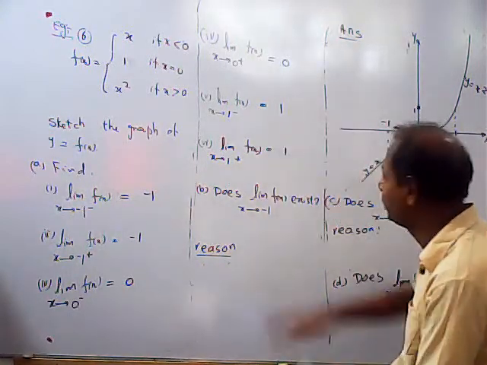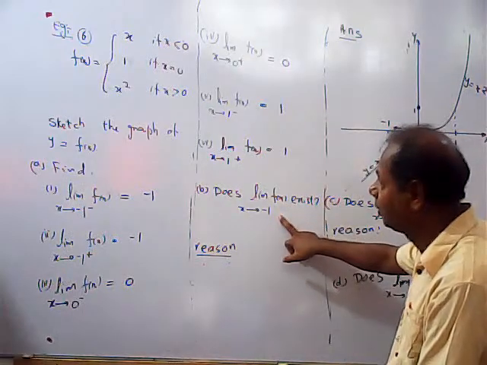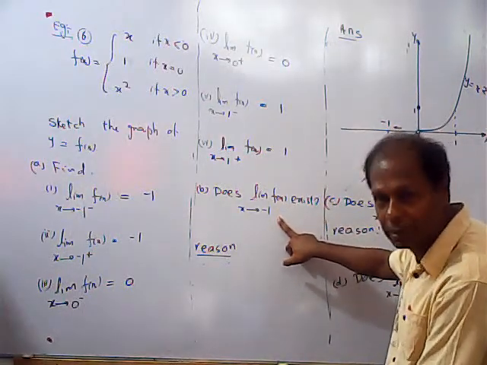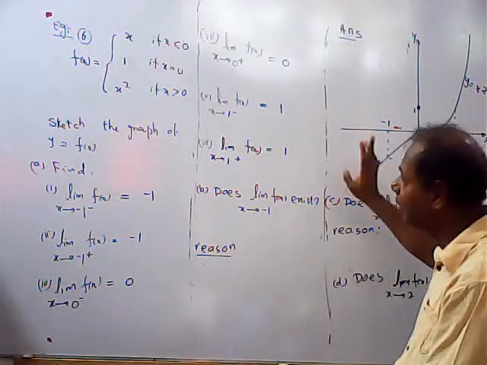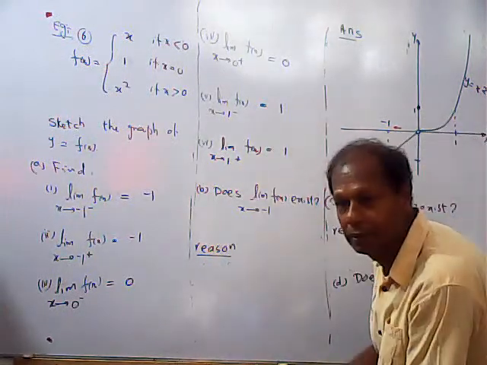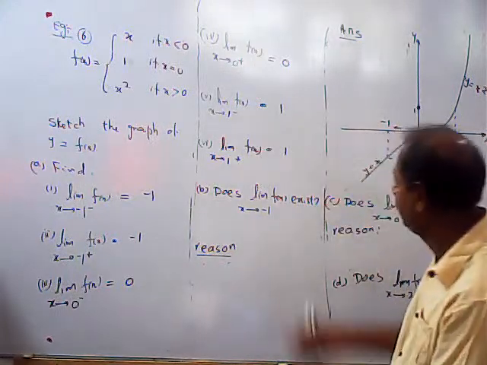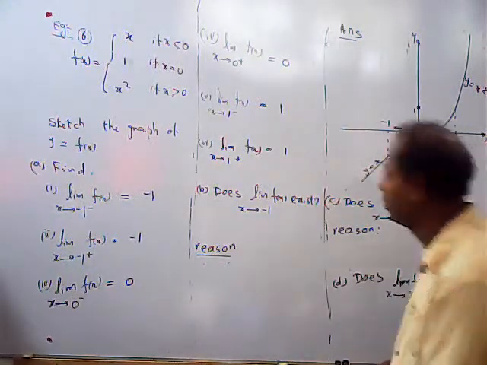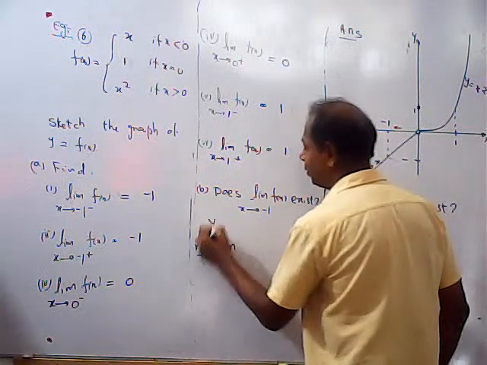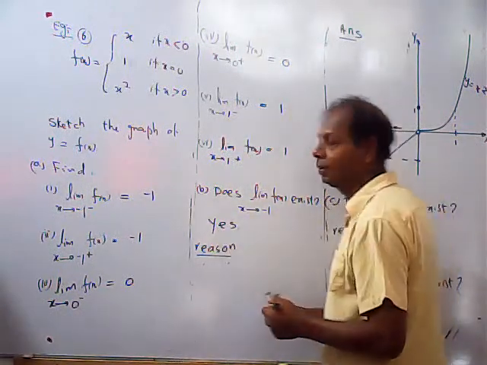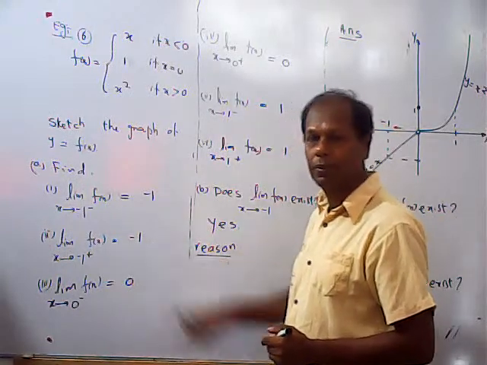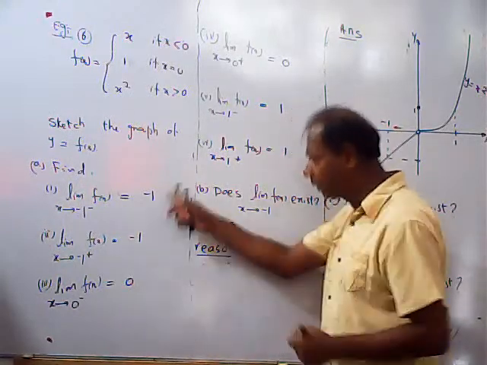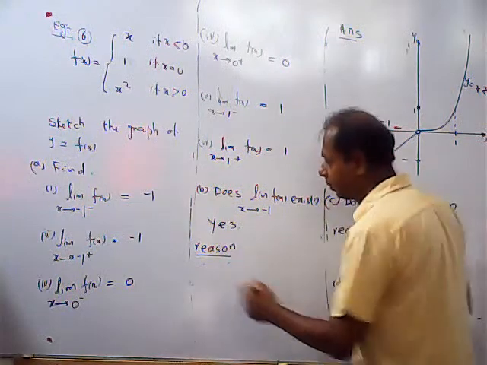Now let's answer these questions. Does the limit exist at minus 1? Have you written, now we have seen many examples, to say yes. Reason: left limit and right limit are equal, and equal to minus 1, right?